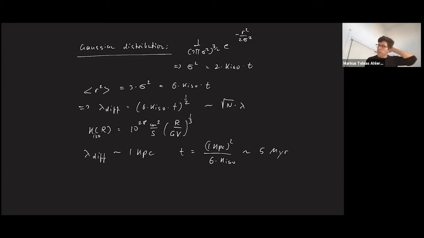Now, if there are no further questions at the moment, I will add one more ingredient which is important for the diffusion of cosmic rays, and that is convection.